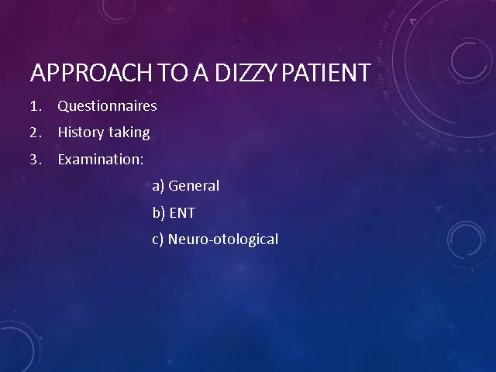Actually, it gives the patient a chance to describe the emotional, the physical, and the extent of the functional impairment caused by his dizziness. Moving on to history taking, and we will discuss this in detail, followed by examination, general examination, ENT examination, and neurootological examination, which will be the scope of this lecture.